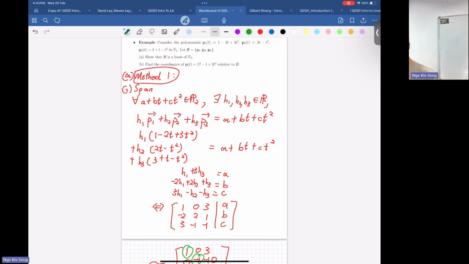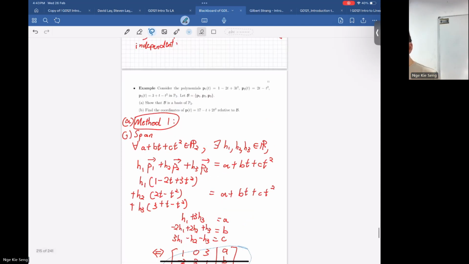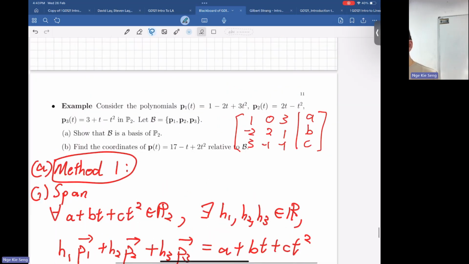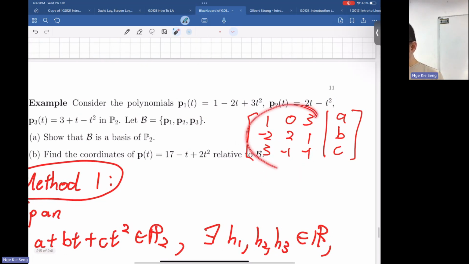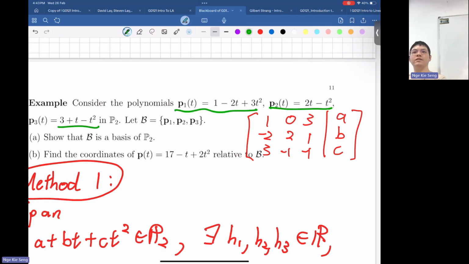So let me move them closer. Copy. Paste here. So the problem is just to check the REF of this particular matrix, right? But my question now is, can you directly see the matrix from these three polynomials? No? Can you directly see it?